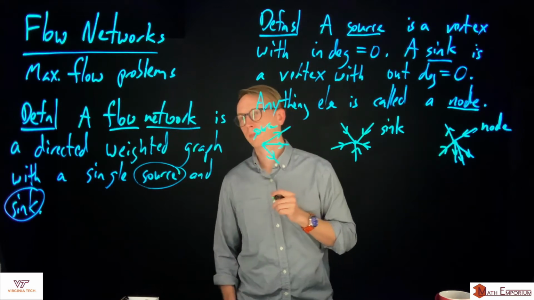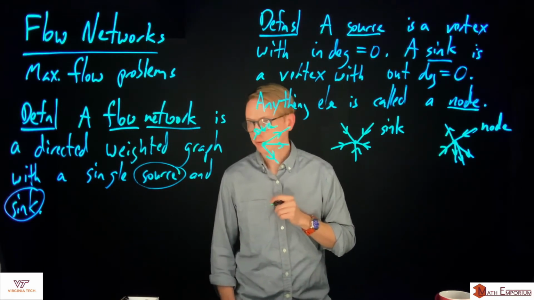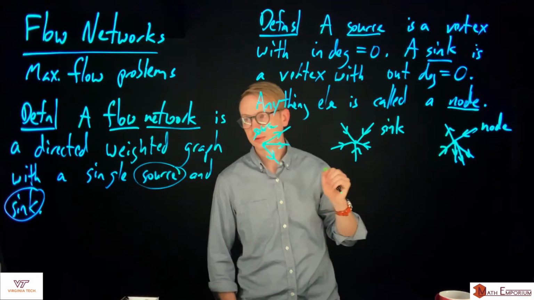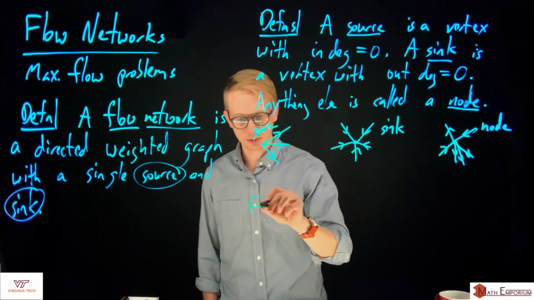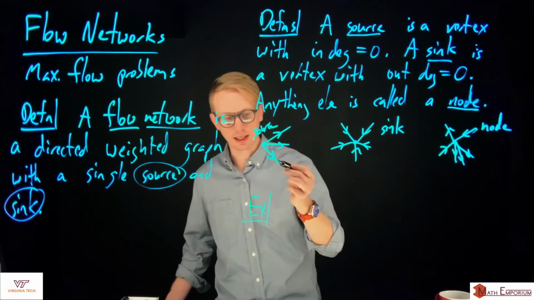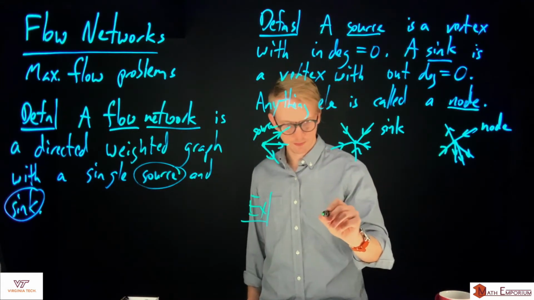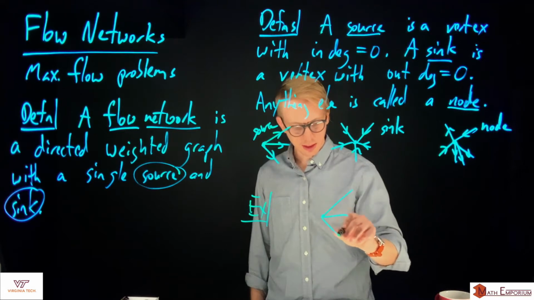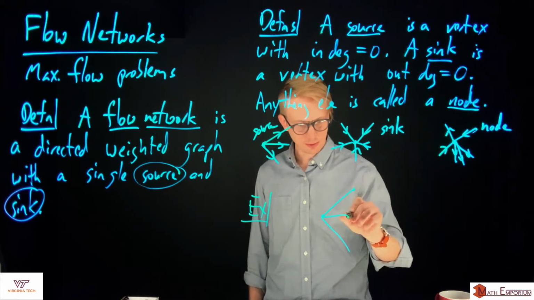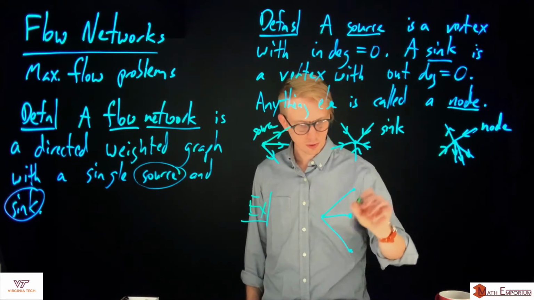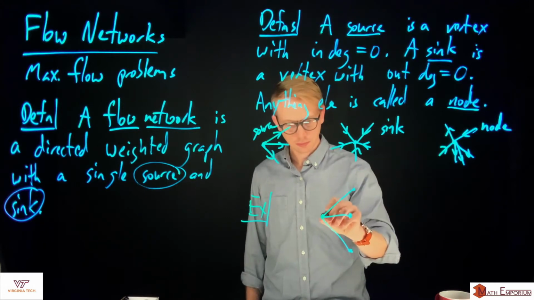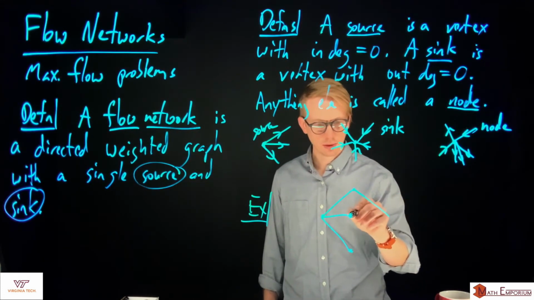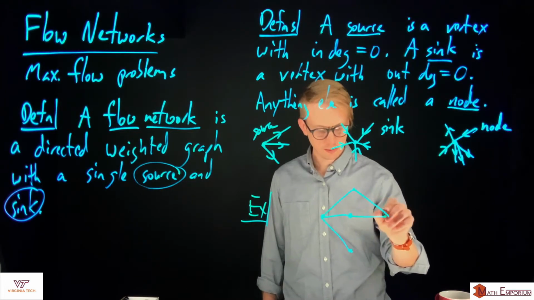All right, so let me show you an example of a flow network. We'll identify the source, the sink, and the nodes. This will just be small. These things can get quite massive, which makes these problems fun. Commonly, but not universally, I'm going to put the sources on one side and the sinks on the other, and try to keep the nodes in between.